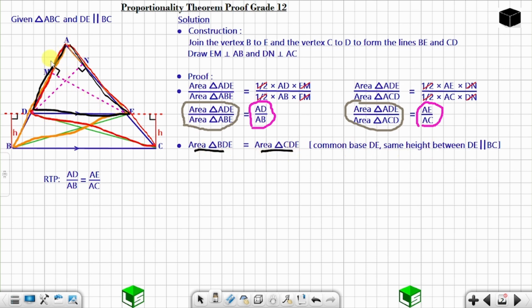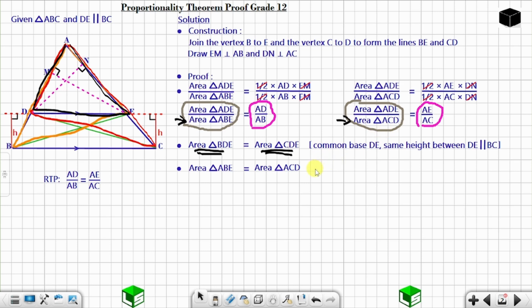You can see the area of triangle ADE is included in this triangle and in this triangle, and the bottom parts are equal. So the area of triangle ABE is equal to the area of triangle ACD.